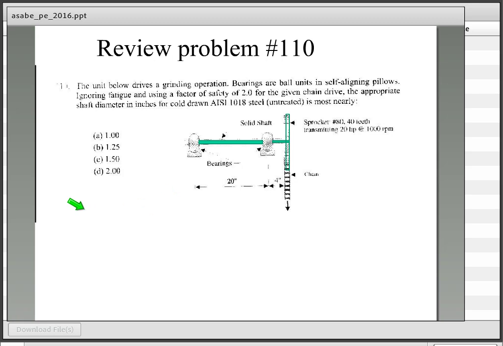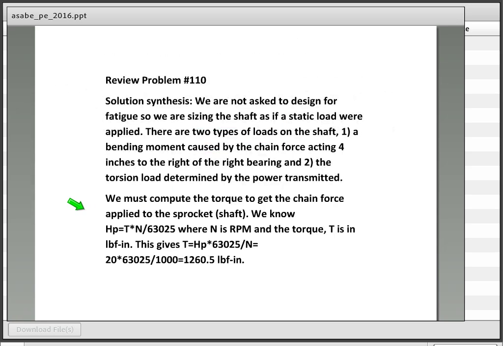So perhaps you've looked at this already. Let me just, in the interest of time, look at my solution synthesis here. We have 2 types of load on the shaft. We have a bending load due to that chain force, and we also have a torsion load determined by the power being transmitted.